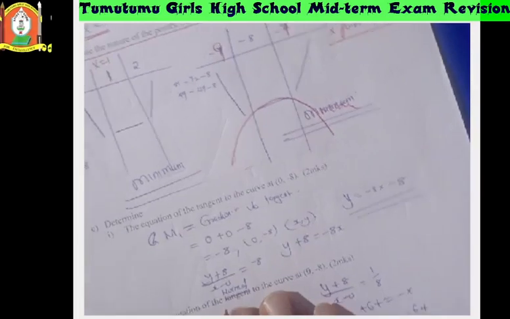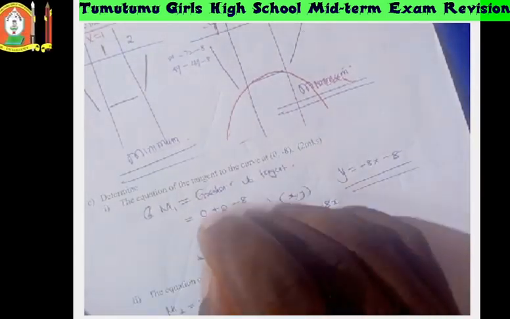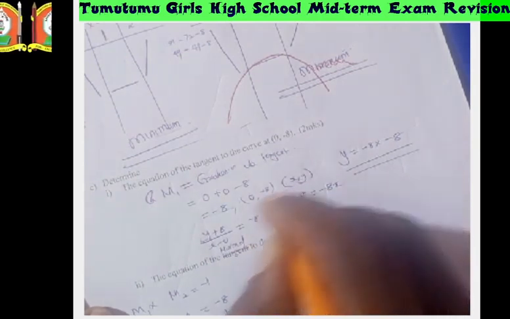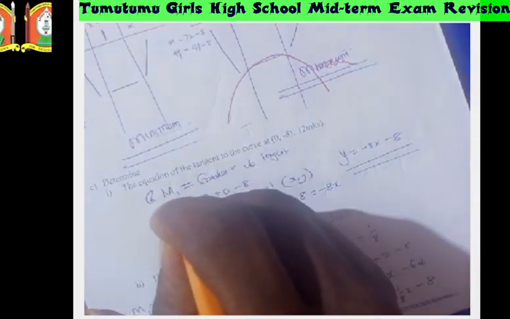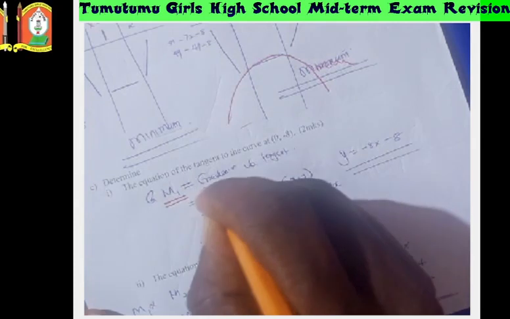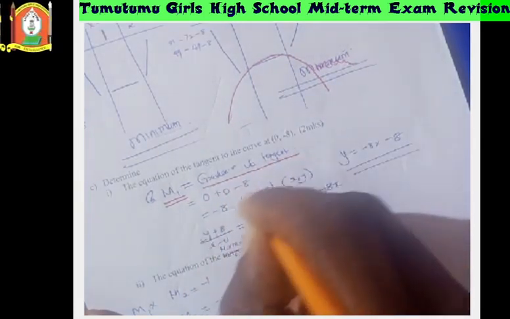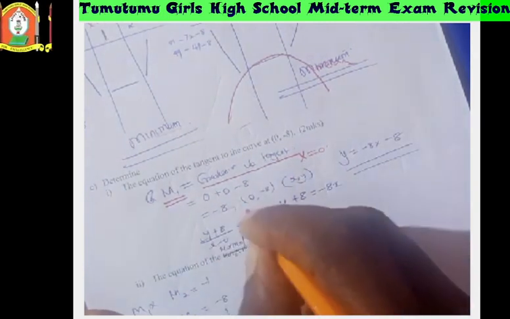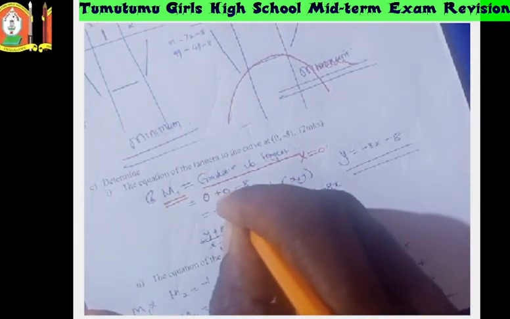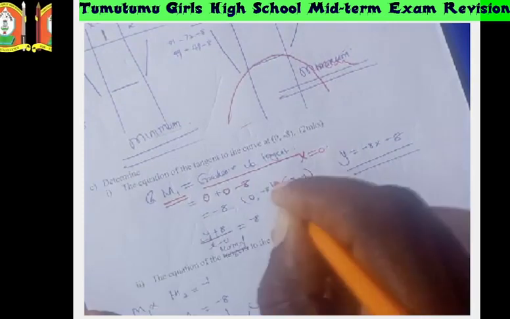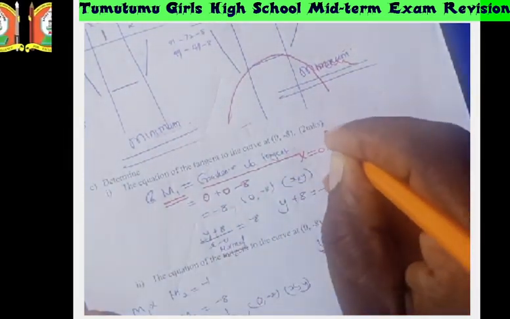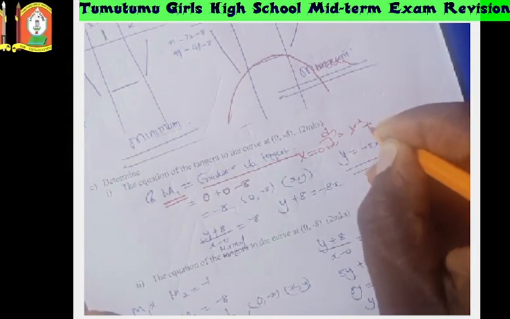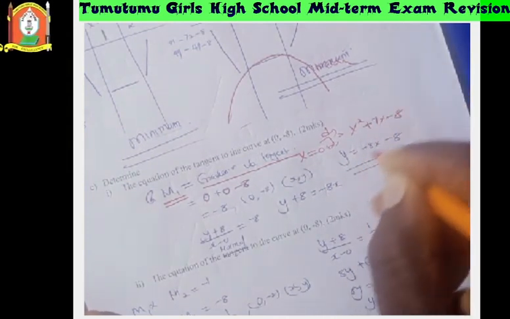Good. Determine the equation of the tangent to the curve at (0, negative 8). So we get m1, which is the gradient of the tangent when x is equal to 0. m1 will be 0 plus 0 minus 8, substituting into the gradient function dy/dx, which is x squared plus 7x minus 8.